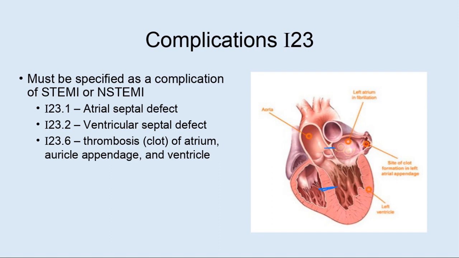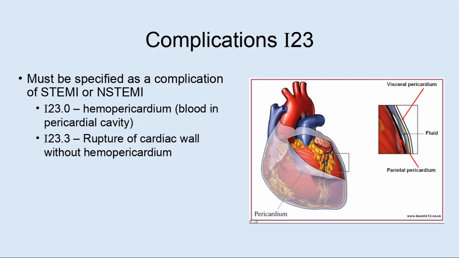Thrombosis or a clot of the atrium, atrial or auricular appendage, that's here. And here's some more complications. Some of these are confusing, so I decided to talk about each one separately to make sure we understood what they were talking about.